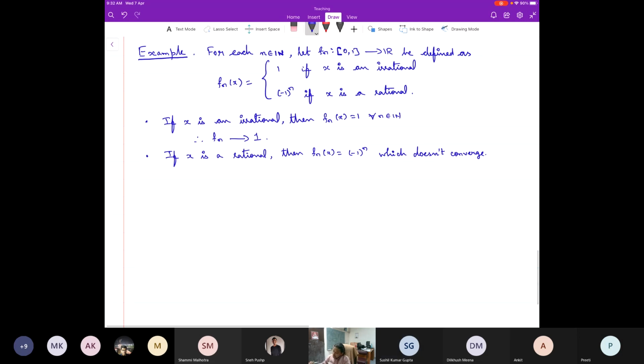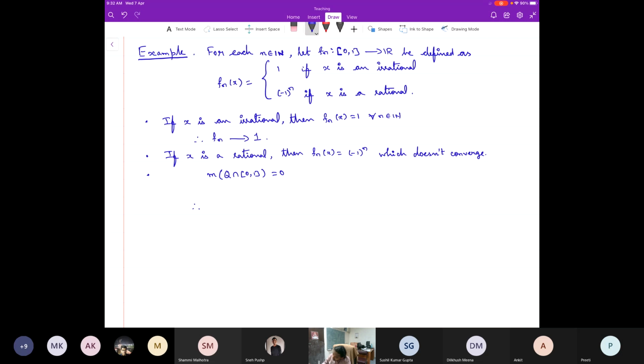Right? Fine. So now first thing is that the Lebesgue measure of Q intersection [0, 1] is 0. Yeah, this is the third point.